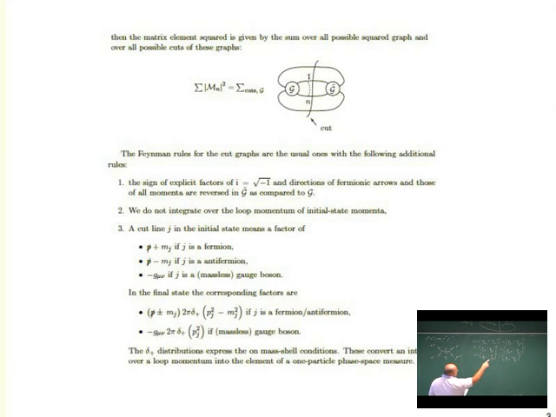According to the rules that are written on the slides, we can get the sum over the spin of the amplitude squared exactly by taking the complex conjugated Feynman diagram and joining the external lines, paying attention to the fermion line flow.